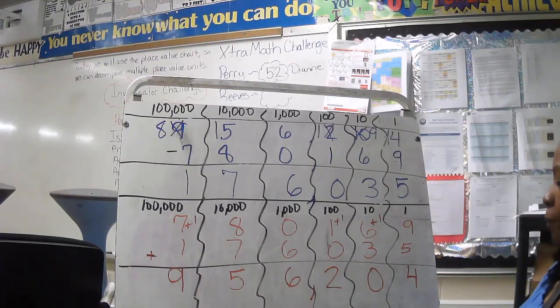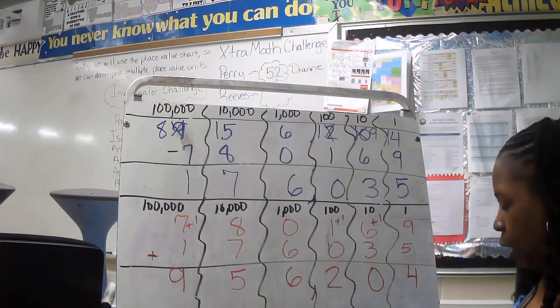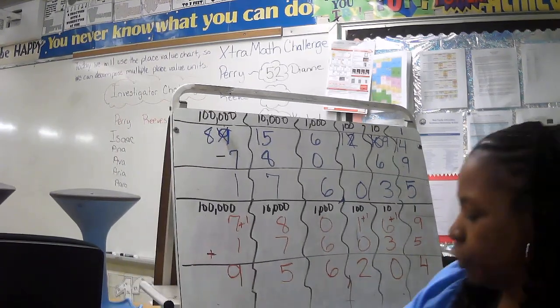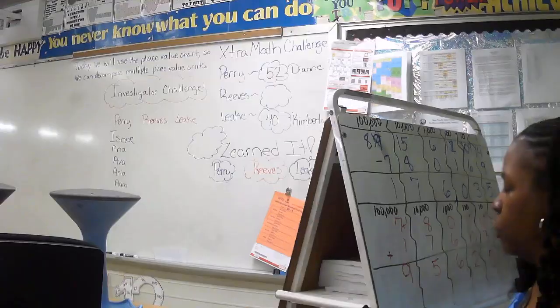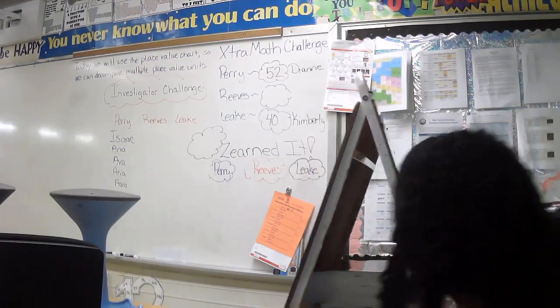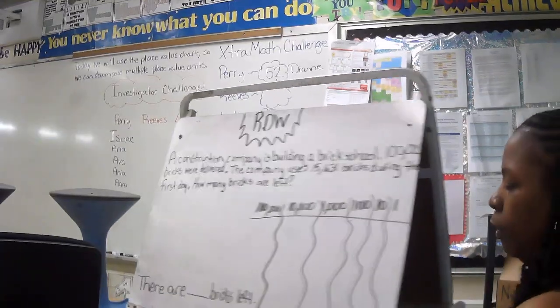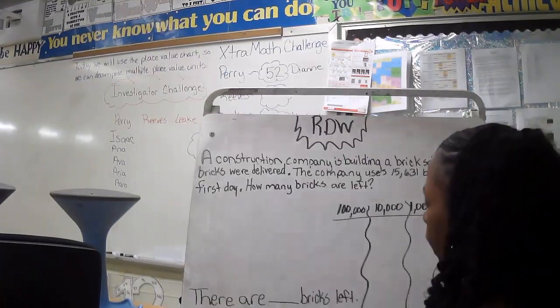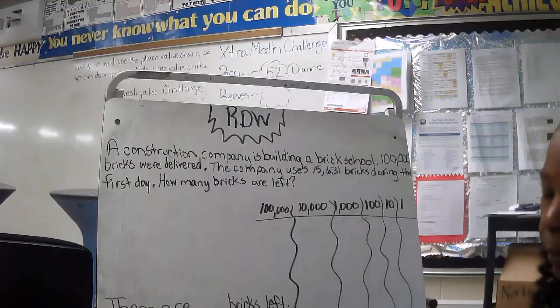Okay? So make sure that our scholars are checking with each unit that the digit on top is indeed bigger than the digit underneath. Okay? Now we're going to a word problem here. And read, draw, write.